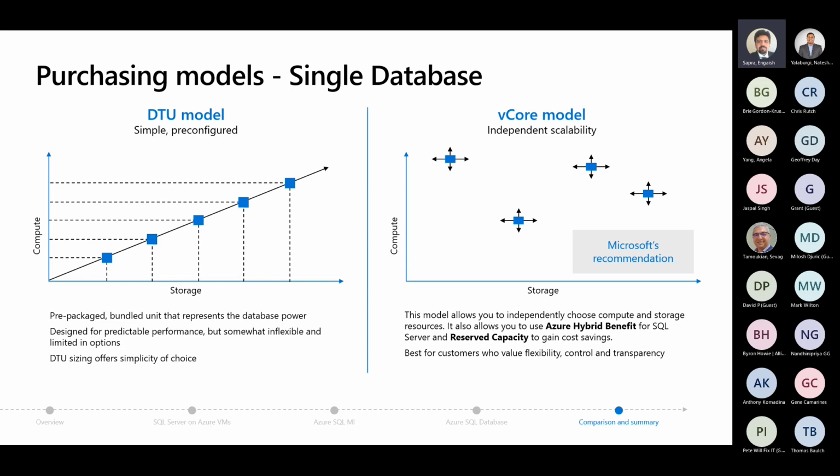So in the vCore model, you pay for compute resources. You define the number of vCores, the amount of memory, and the generation of hardware. When we say generation of hardware, it's the virtual machine series. Then there is the type and amount of data and log storage and the backup storage.